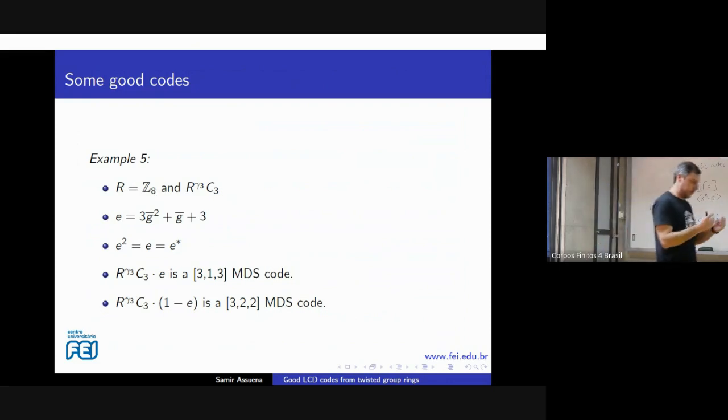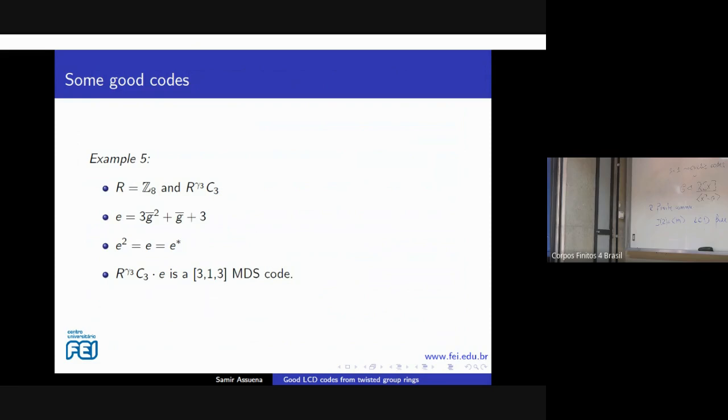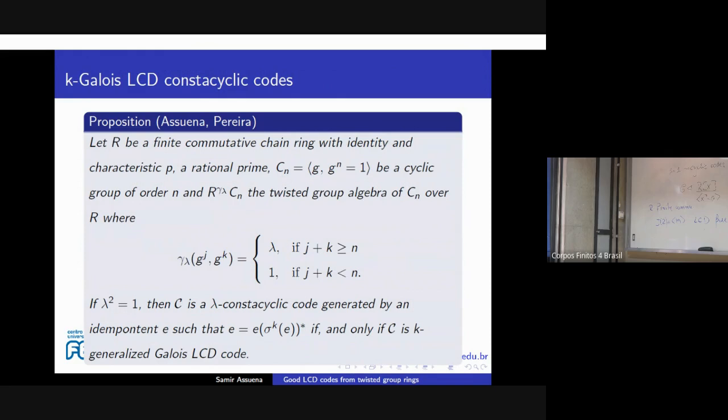What can you say about the Galois form, or k different from 0? So we have some characterization here. We have to put this condition here just to have an involution inside this algebra.